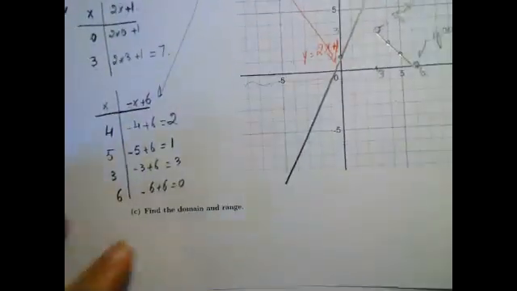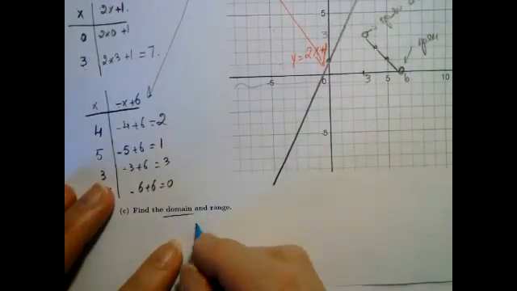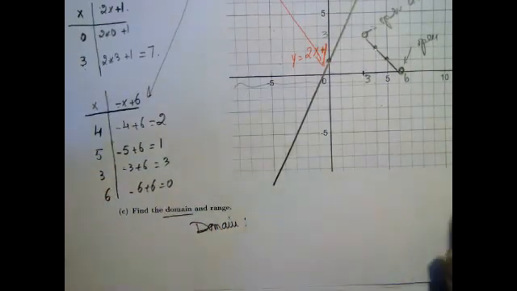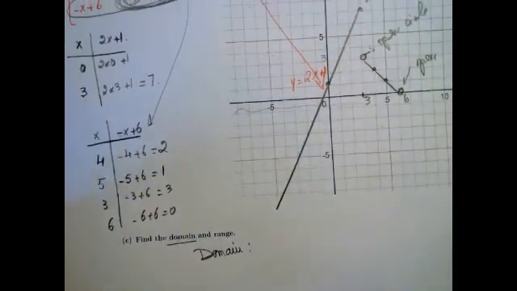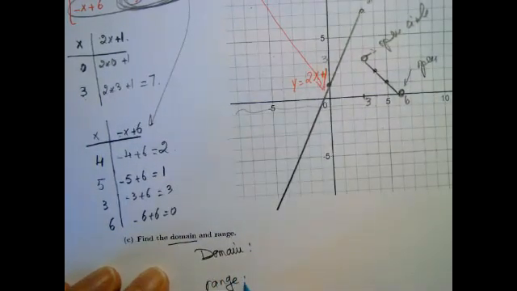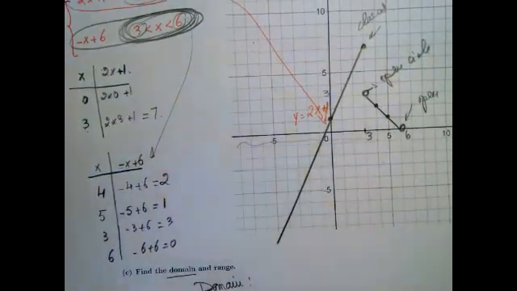So what's the domain and the range? What's the domain of this function? Based on what I have, what's the domain? And what's the range? What are the inputs for which there is an output?